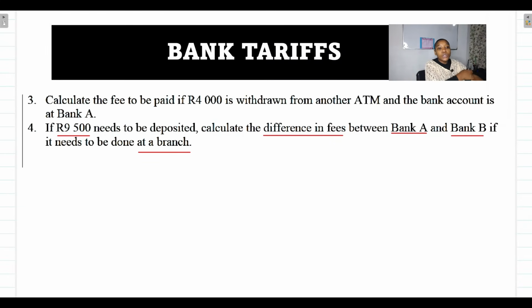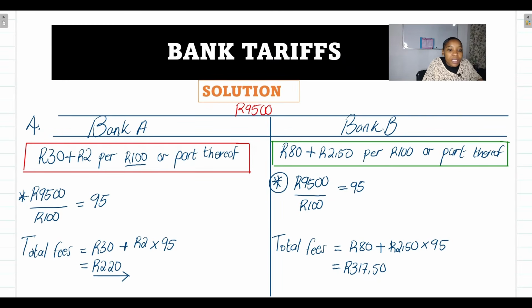But that is not it. What do we still need to do? We need to calculate the difference in fees between Bank A and Bank B. Because the fee for Bank B is the bigger value, that's the value we start off with. So it's 317.50 minus 220.